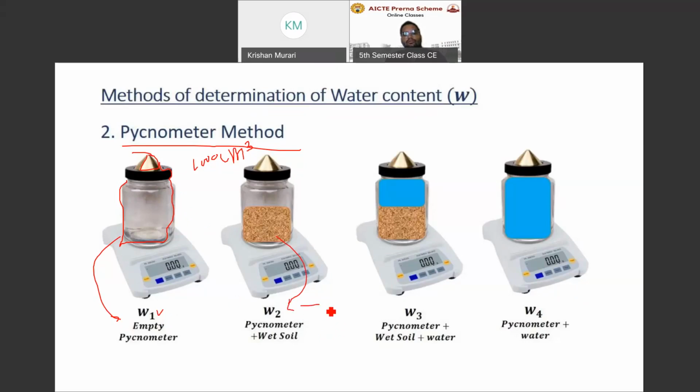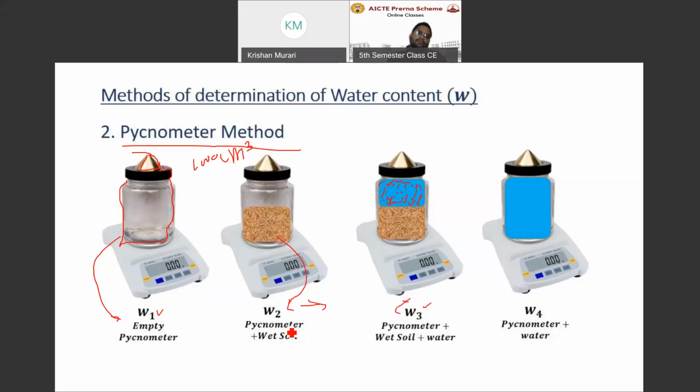In the third case, you fill all the voids, all the empty part of the container, with water, and weigh it again. Let us assume the weight is W3.